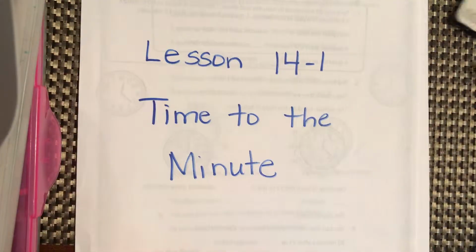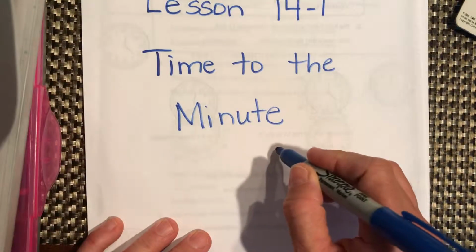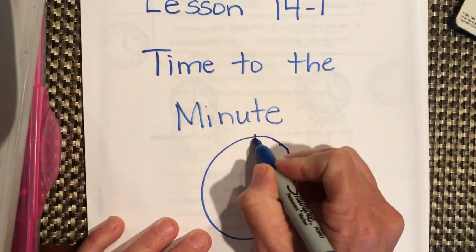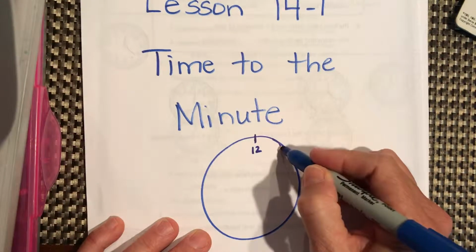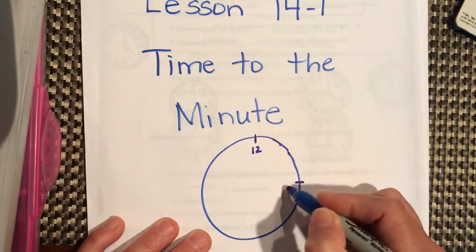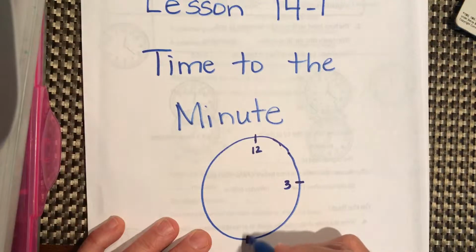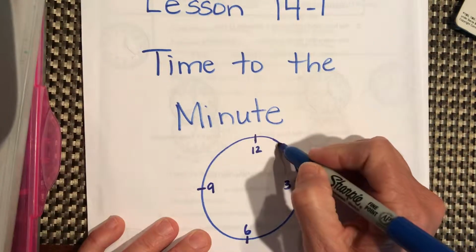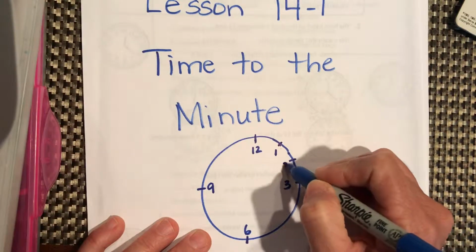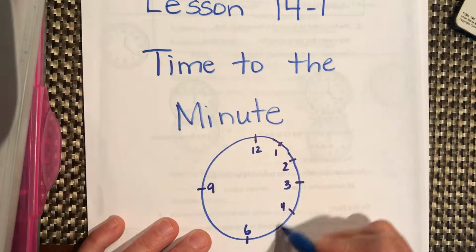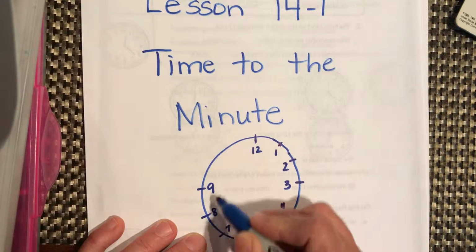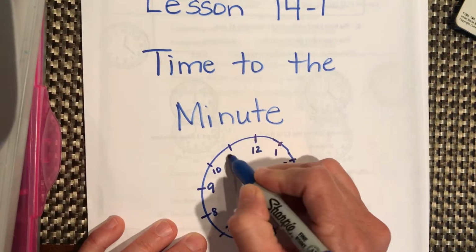Then the other thing you need to know is if this is our clock and 12 is here, and we've got 3, 6, 9, then of course we've got 1 and 2, 4 and 5, 7 and 8, 10 and 11.